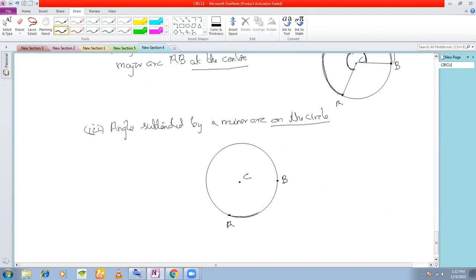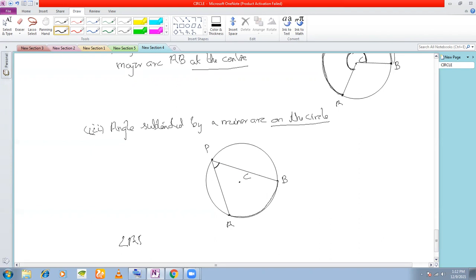This is the minor arc, right? Now what you do is you take a point on the circumference, let's say a point P. And you join A with P and you join P with B, right? And there's a certain angle that is formed here, right?